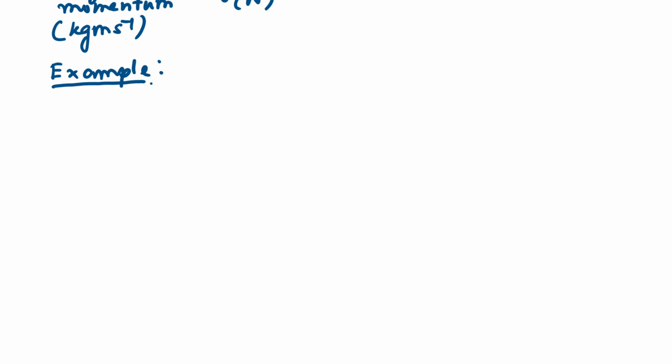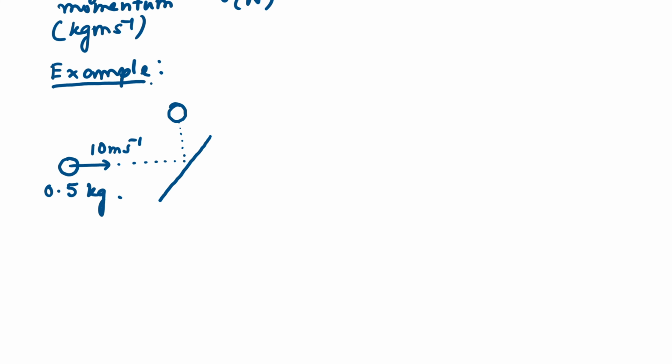So the example we are going to consider is where we have a ball, and the ball is moving in this direction at 10 meters per second, and the mass of the ball is 0.5 kg. So the ball is coming in, and then it collides with something, let's say a bat, and because of the collision, it changes direction, and now it's moving in this direction.